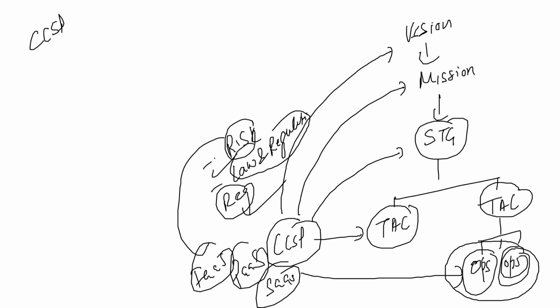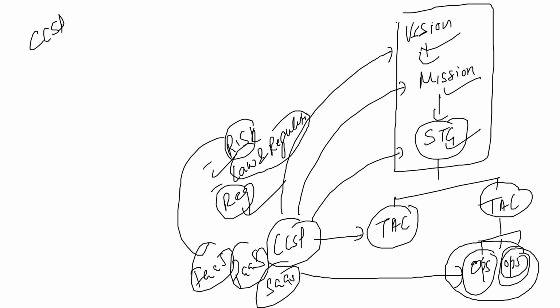So your role is to understand the strategy, the mission and vision. On that basis, you have to develop a tactical plan. Your tactical plan, your solution, will align with the mission, vision, and strategy, and definitely it will add value to the business. And this is your role as a cloud security professional.